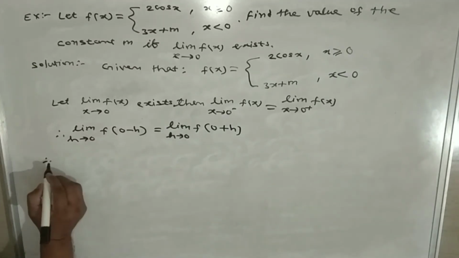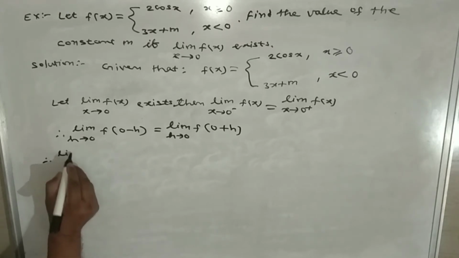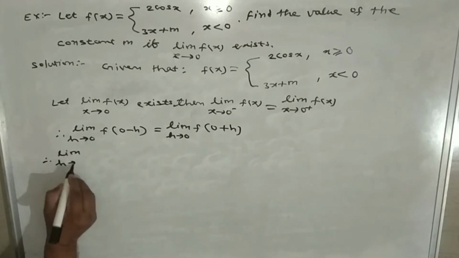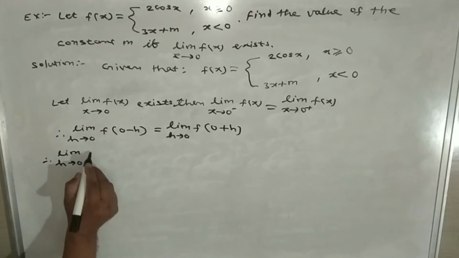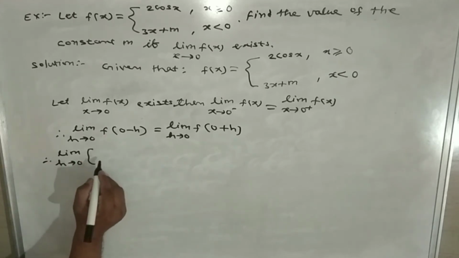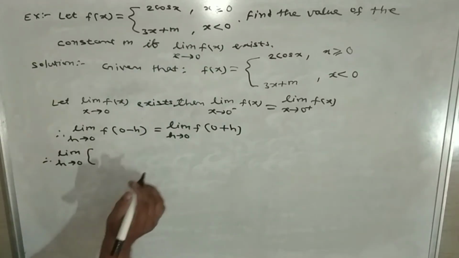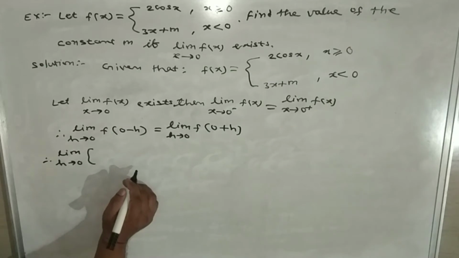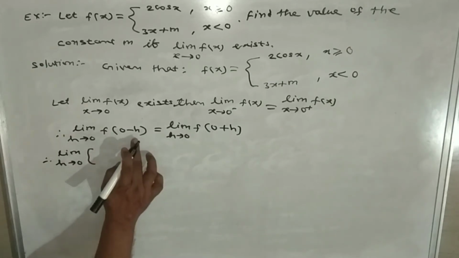Therefore, the limit as h tends to 0 of the function, we have 3x plus m, but x is 0 minus h.